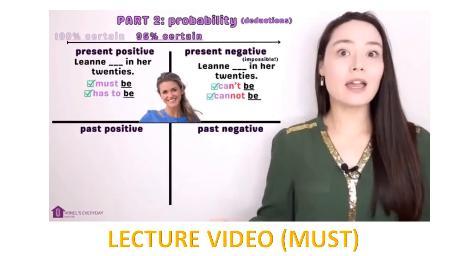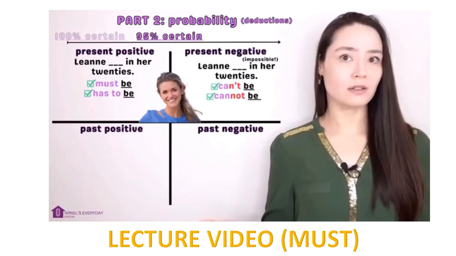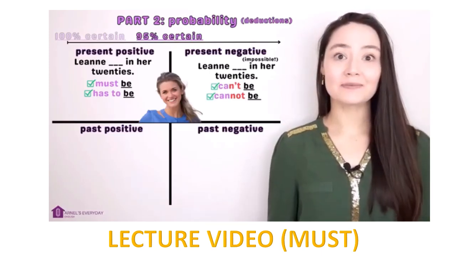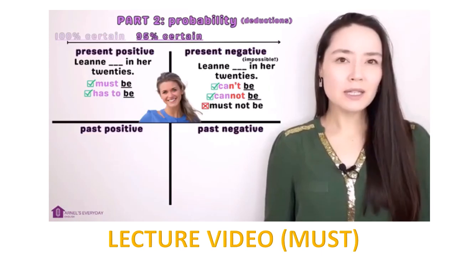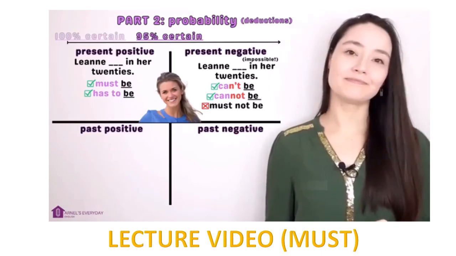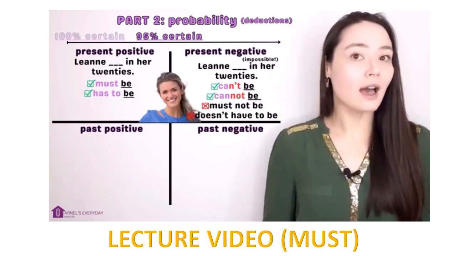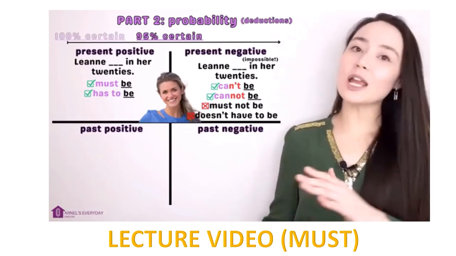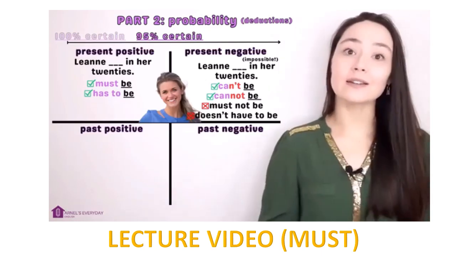Leanne can't be in her 20s. Leanne cannot be in her 20s. Leanne mustn't be in her 20s. Leanne doesn't have to be in her 20s. You can see the change is pretty dramatic in the negative.